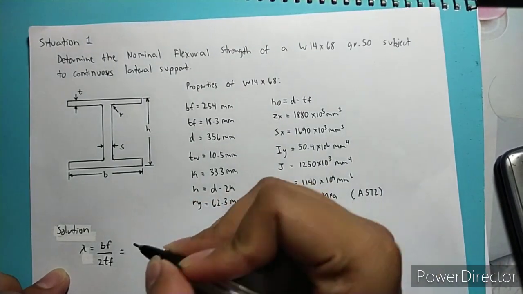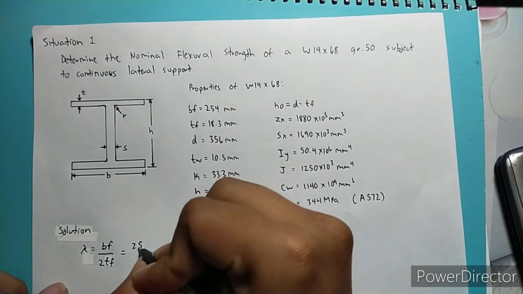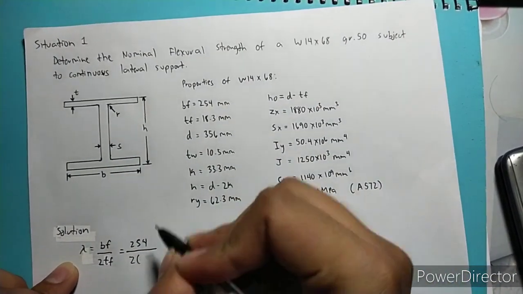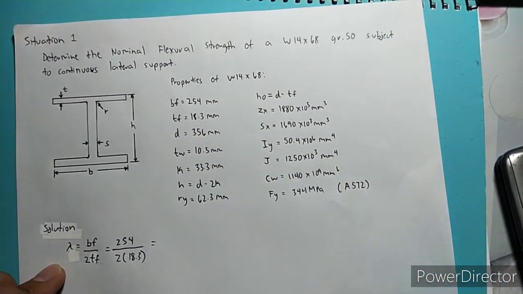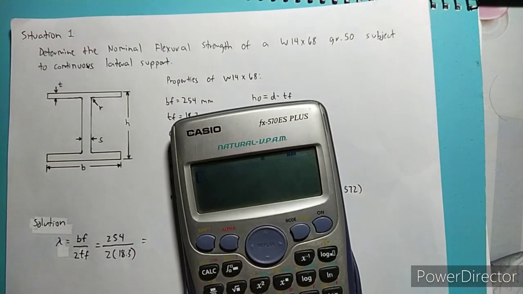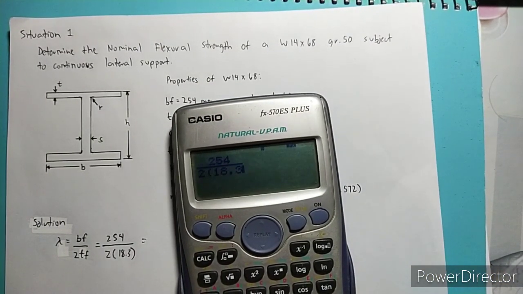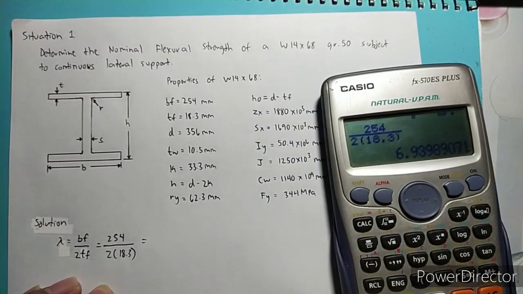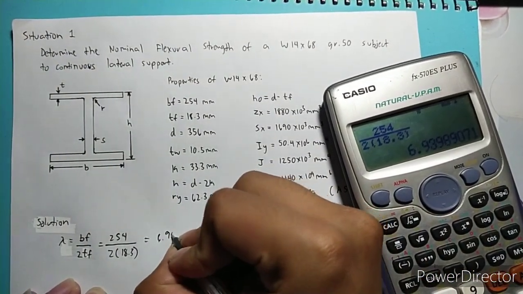So, substituting the values, BF is 254 over 2, and TF is 18.3. So, 254 over 2 multiplied by 18.3 equals 6.94.